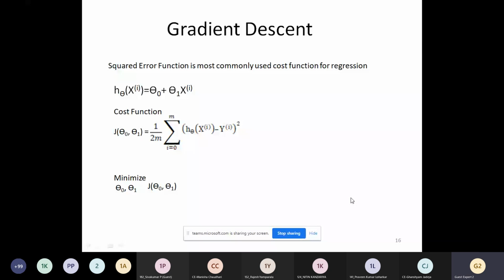Now in gradient descent, the cost function is the same mean square error function, but here they have used 1 upon 2m and then the square error. Our goal is to find the values of theta 0 and theta 1 in such a way that this cost function is minimized. That means the error should be minimized.